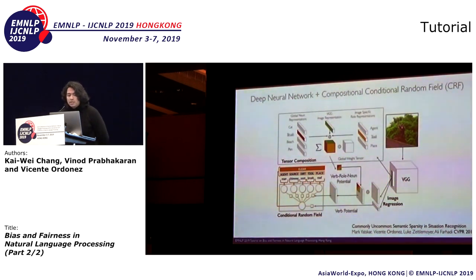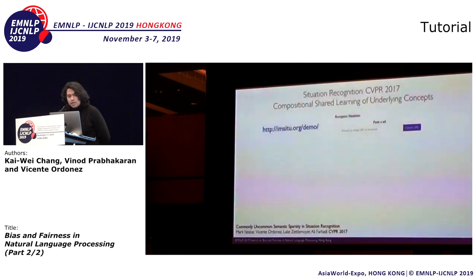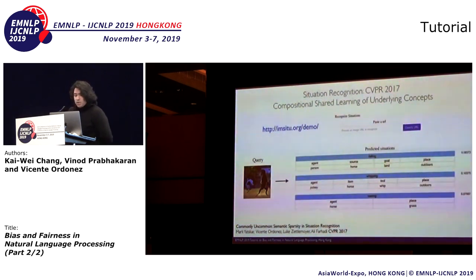We modeled this as a CRF, where a convolutional neural network was computing the potentials of this CRF in a compositional manner. We had this demo where you could run some images online, and you can get some predictions. For instance, here it says there's a person falling from a horse.